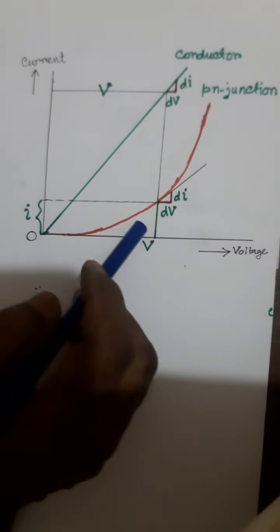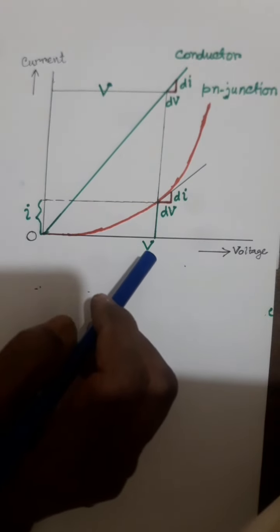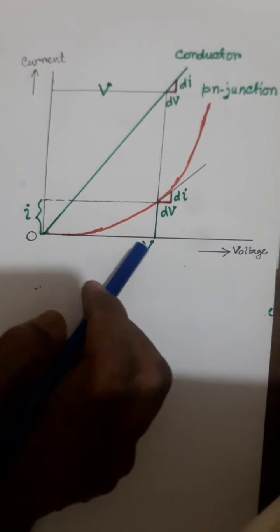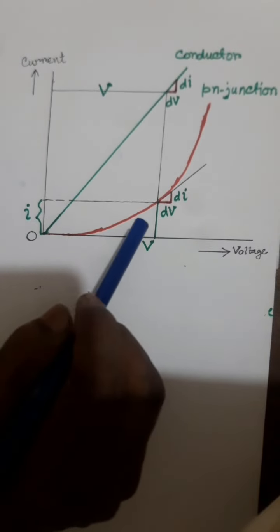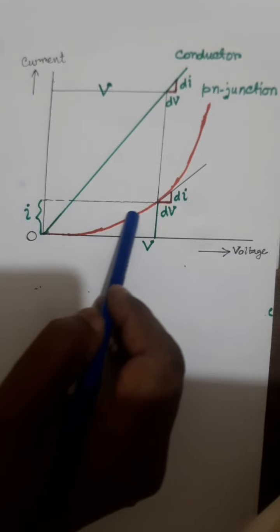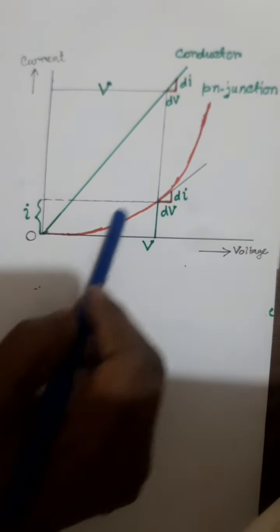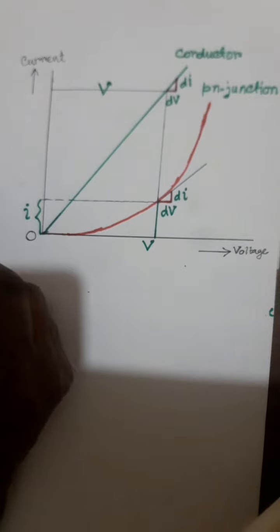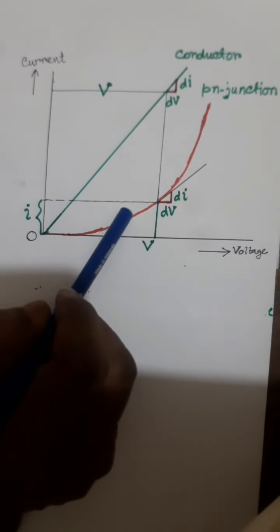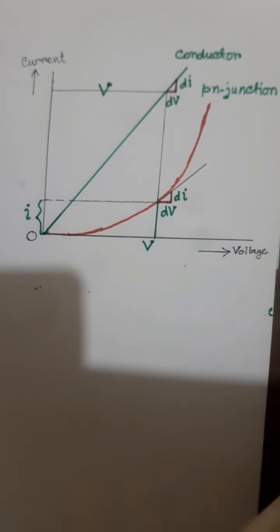A PN junction is a non-ohmic device. Its current voltage curve is shown in the figure, the red line, figure 2. It is called the characteristic curve of the PN junction.